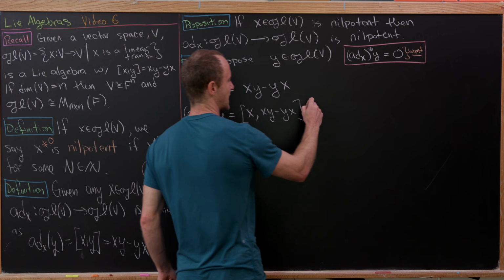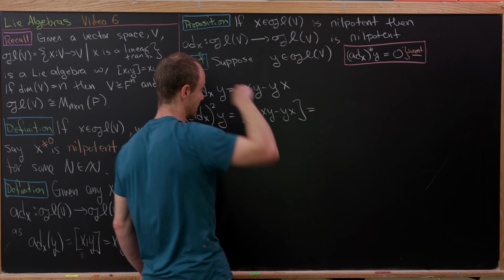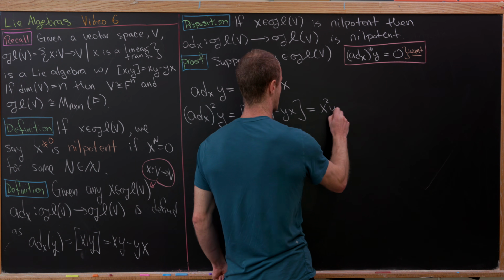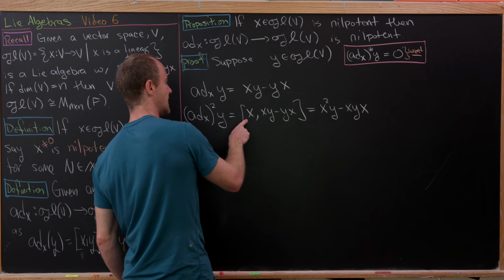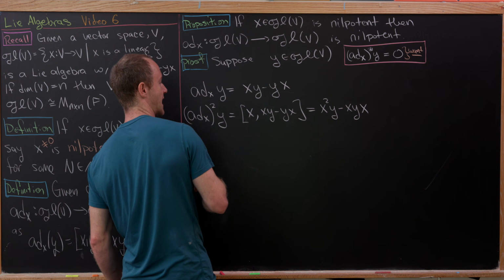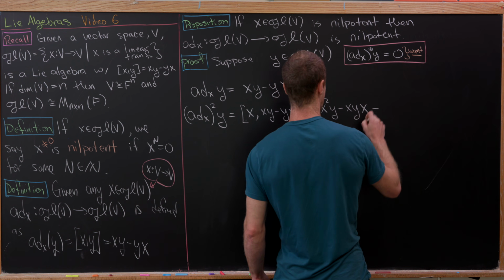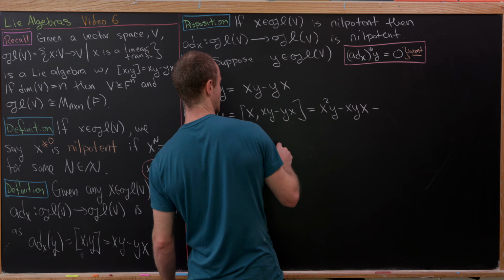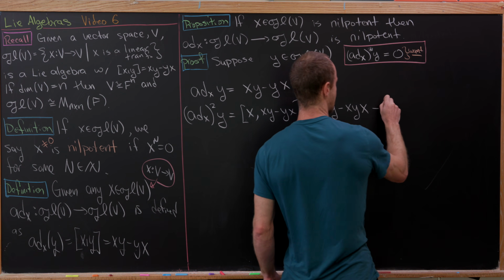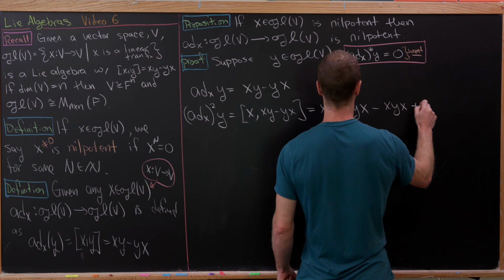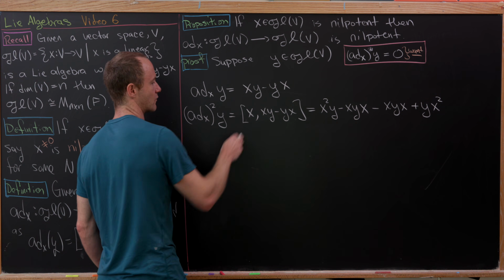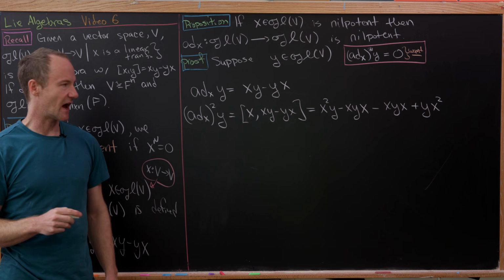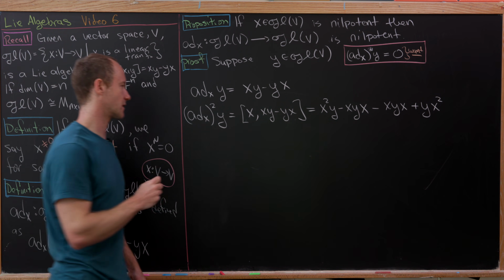Okay, but then expanding this out using bilinearity, we'll get x squared y minus xyx, so that will be hitting this on the left by x. And then minus, the next thing will be xyx, and then plus yx squared. And that'll be hitting this on the right with x, just using the fact that we're doing the commutator here.